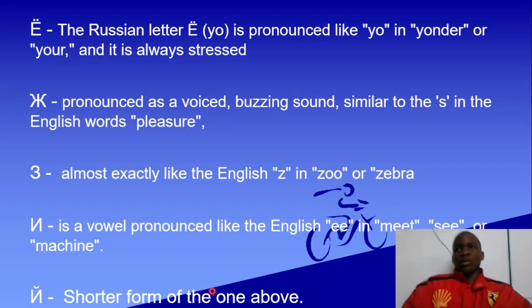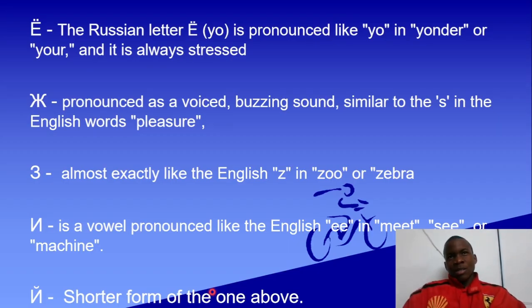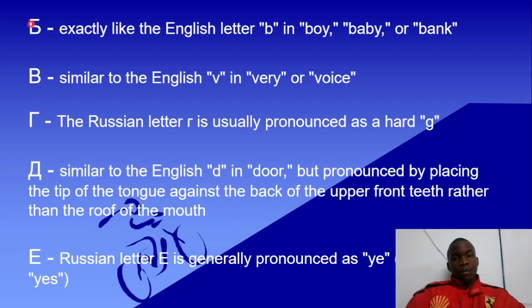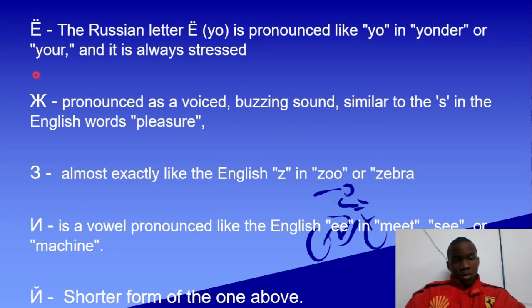I'm not too sure what si means, I think it means yes, but again, we're not learning Spanish. That is just the simpler way that I could put it. So let us go back. This is our B, V, G, D, ye, yo, zh, z, ee, and short ee. All right.